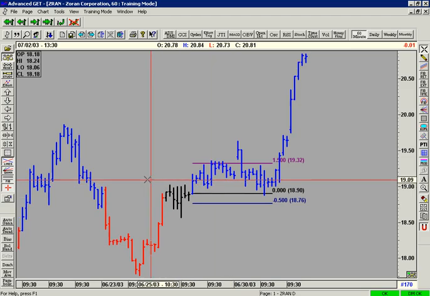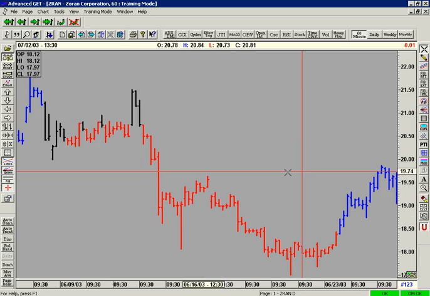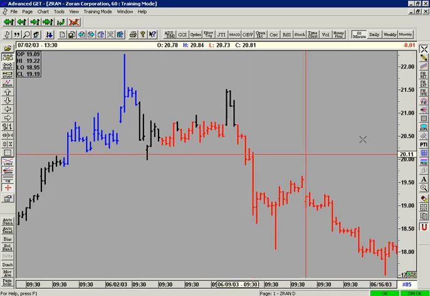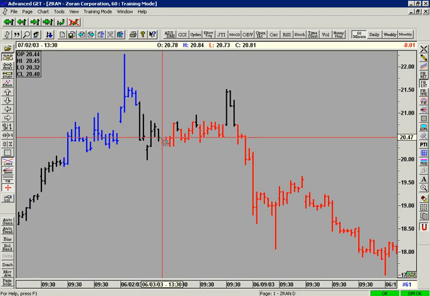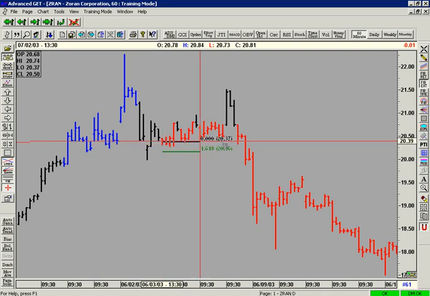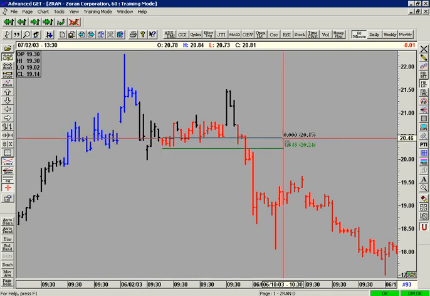In the short position, it would work exactly the opposite. I'll just go ahead and back up here, and I'll use my Fibonacci extension tool. In the short position, I'm going to click first on the top of the bar, then on the bottom of the bar, and I'll just stretch it out so we can see it. I'll apply that to the top of the bar.